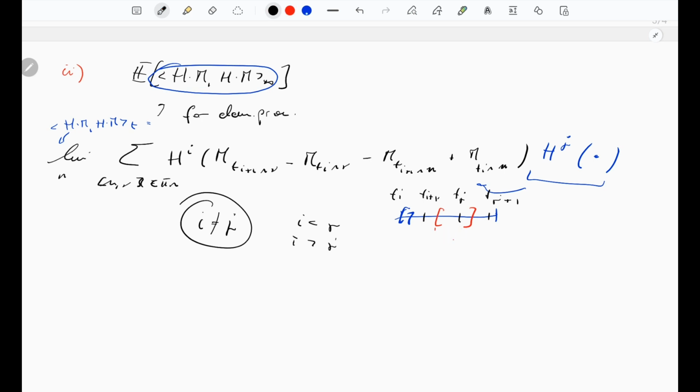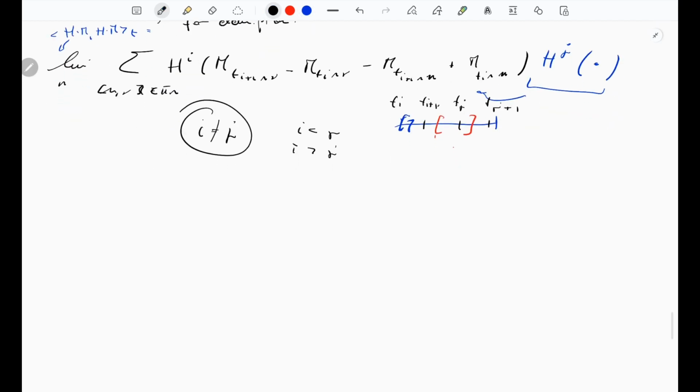You show the cases, and basically you show that everything is 0, apart from when they're equal.